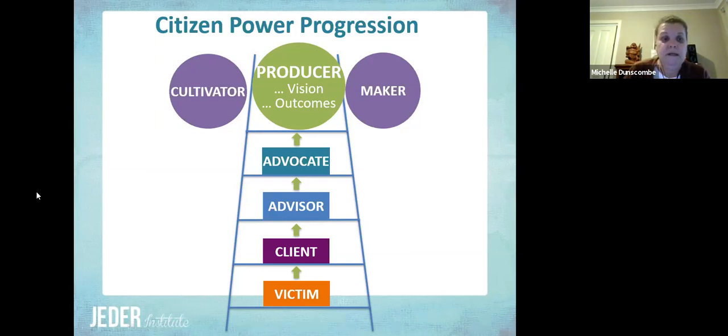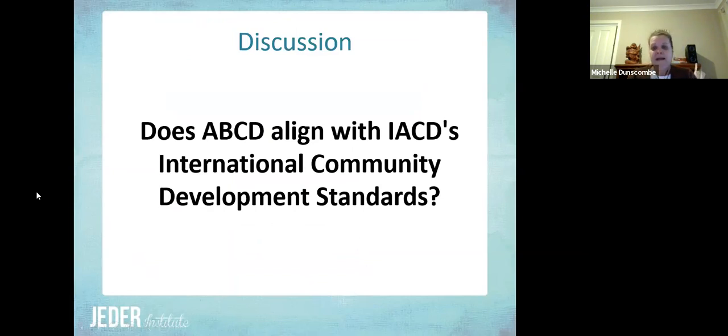So that leads me to the discussion. Does ABCD align with the community development standards? When we think about what we know in ABCD and the language that we use and some of the tools that we've discussed over the last few weeks, and reflect on those 8 standards, does that speak to ABCD, or does ABCD speak to them?